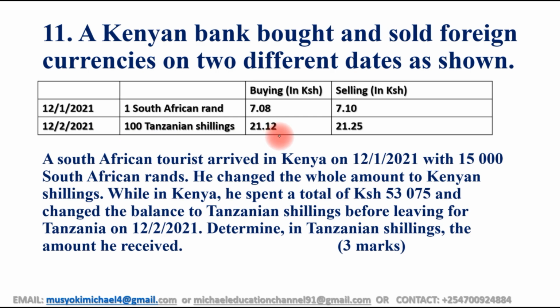On 2nd of December 2021, 100 Tanzanian shillings was bought at 21.12 and sold at 21.25.